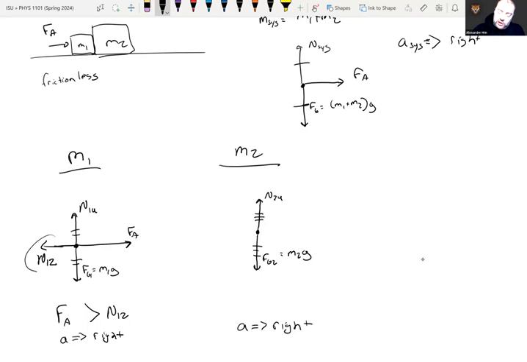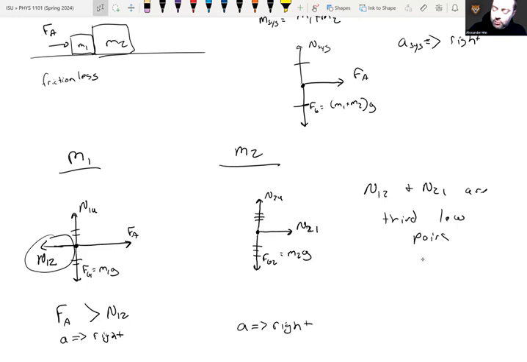Well, the answer is the third law pair, N2-1. So N1-2 and N2-1 are third law pairs. And so it's the normal on 2 from 1 that accelerates 2.